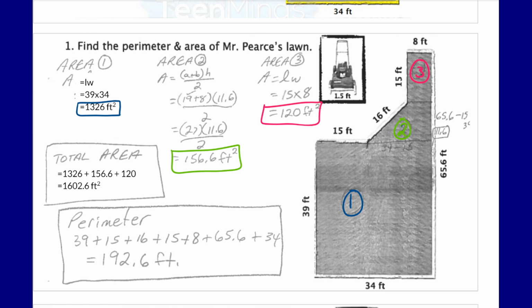And when we're done, we have to add them all together to find our total area. So again, we can take a shape that's not a basic shape, break it down into our basic shapes, find the area of those basic shapes, which we do have formulas for, and then add them all together, which we've done here. And we can see we have an area of 1,602.6 feet.